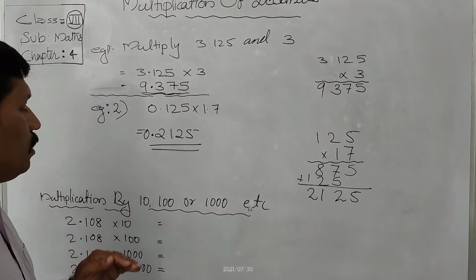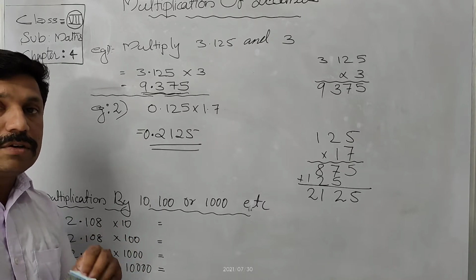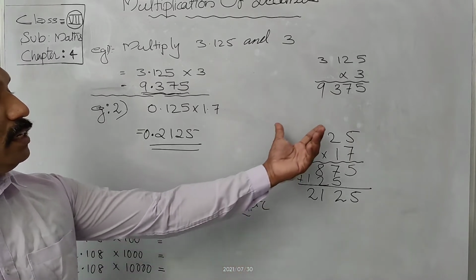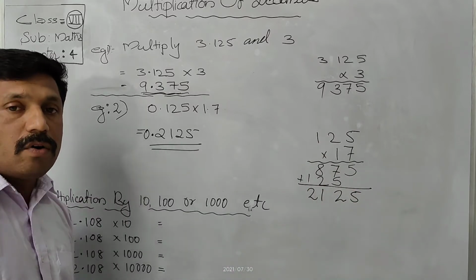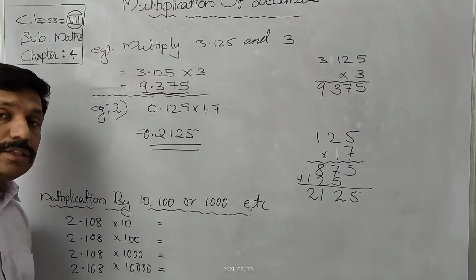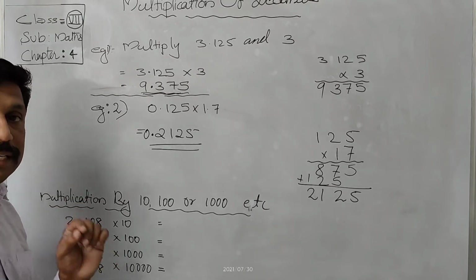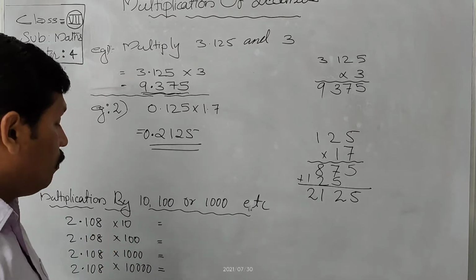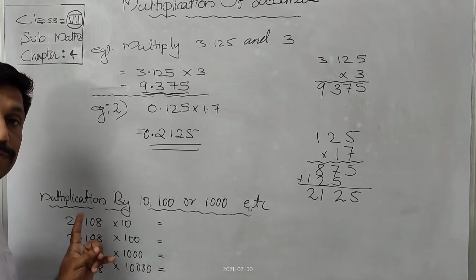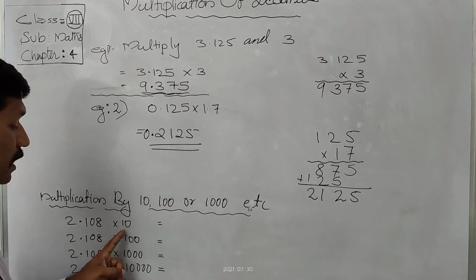Dear students, in order to multiply a decimal number by tens, hundreds, thousands or 10,000, we actually need not perform this type of long multiplication. We can directly write the answer. What's the shortcut for that? We shift the decimal point from left to right according to the number of zeros in the multiplier.